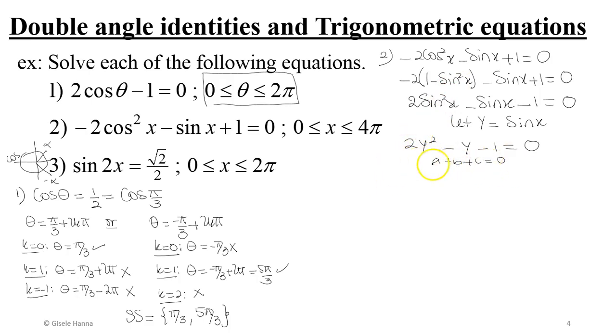We have a plus b plus c equal to 0 here. So in that case, y would be equal to 1, or y would be equal to the product of the roots, which is c over a, which is -half. So bringing back sine, we'd have sine x equals 1 and sine x equals -half.